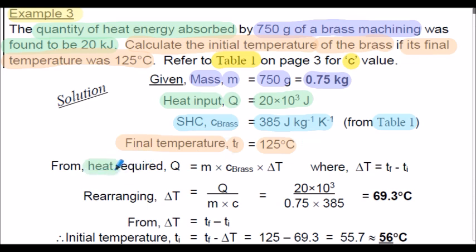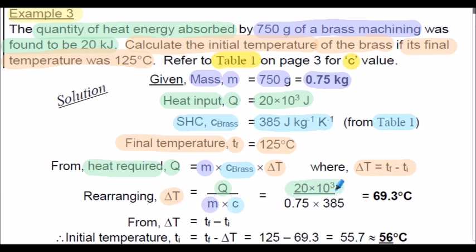We know that heat energy required, Q, is M multiplied by C of the brass, multiplied by delta T, where delta T is TF minus TI. So rearranging for delta T, that's simply Q divided by M divided by C.